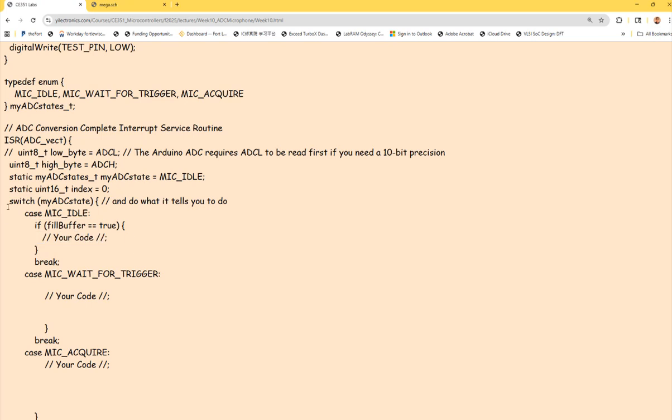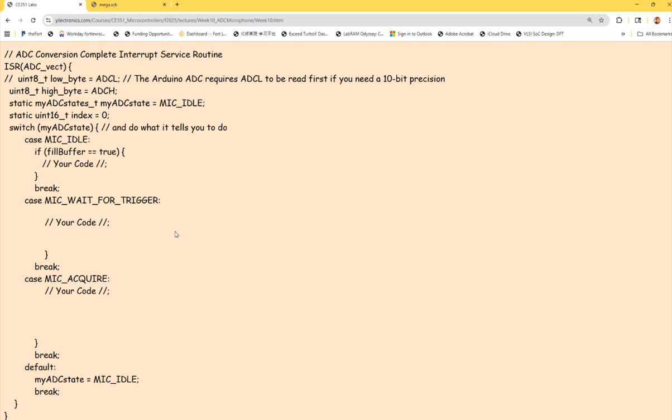This state machine is like 5 times easier than the IR transmission one, so it shouldn't be that tricky. If you don't press it, it just stays there without doing anything. So you whistle first, and you press F. It will sample all the 256 data points immediately, very quickly.